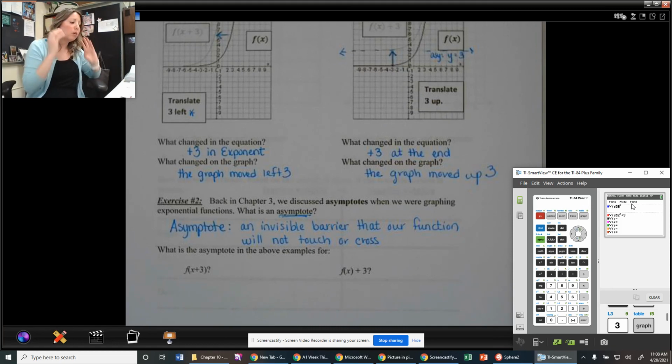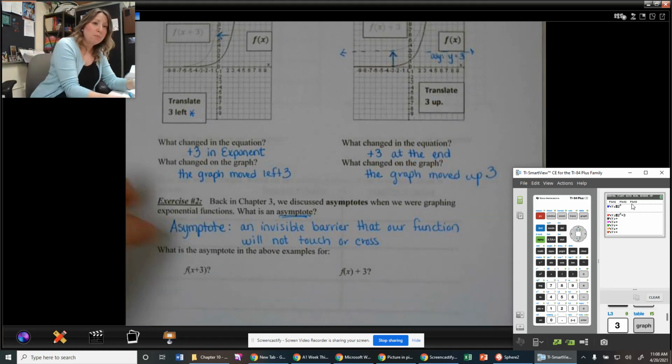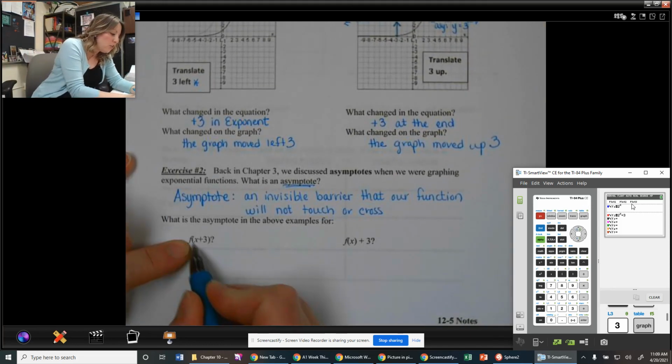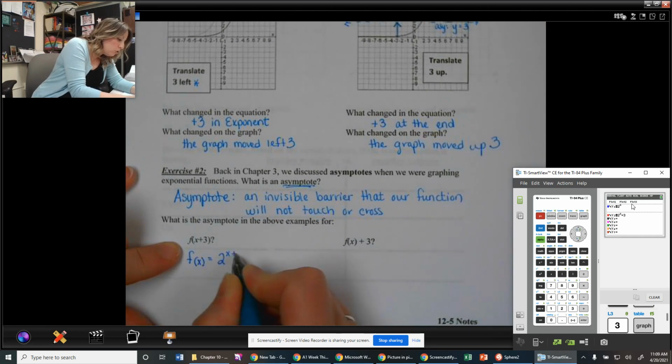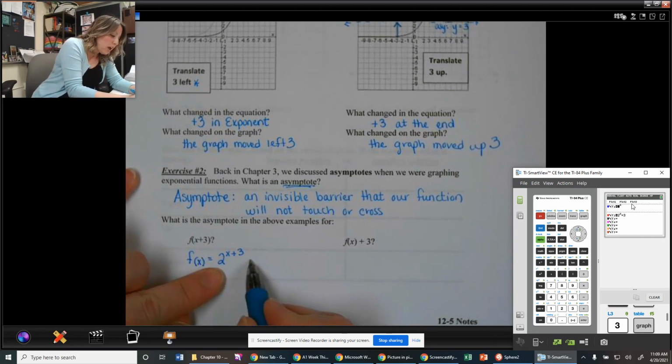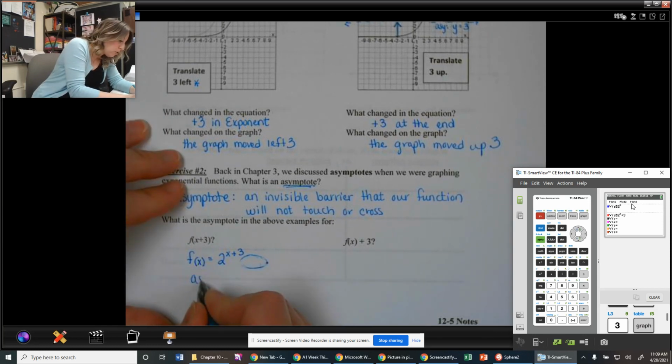Now, when we looked at these changes, by adding 3 in the parentheses in this general form, we took f of x and now it's equal to 2 to the x plus 3 up here, right? Am I adding or subtracting anything right here? No. So that means my asymptote is y equals 0.